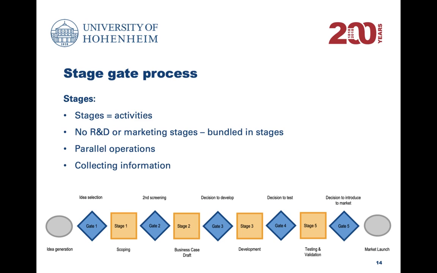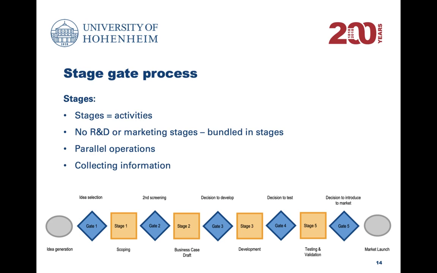So you have parallel operations. You have a multidisciplinary, multifunctional team working in the stages. So you have the marketing team, the development team, the sales team, basically already included in stage 1, with different sets of activities, granted, but they are already there.